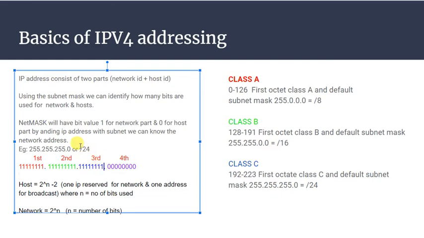So if you are given an IP address, for example 192.168.10.11, you write it in binary format and AND it with this subnet mask.